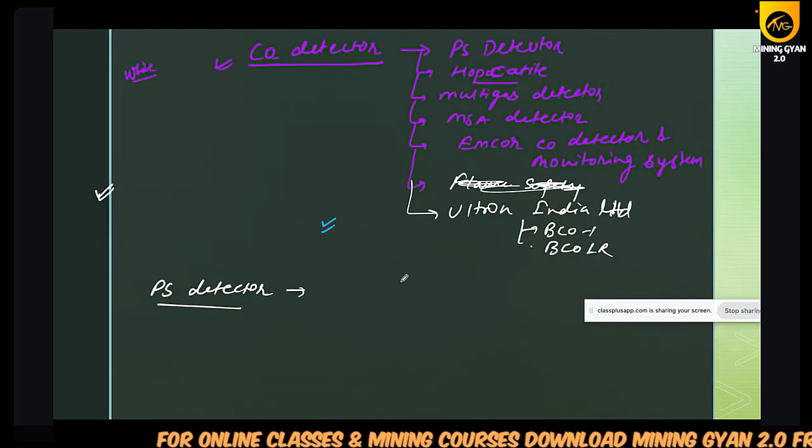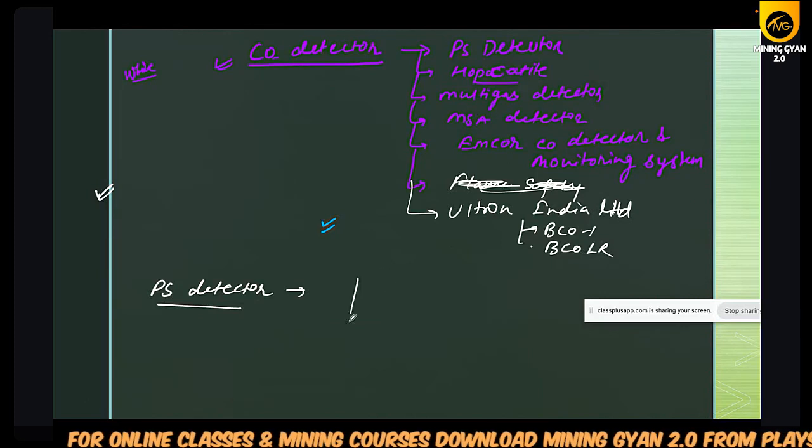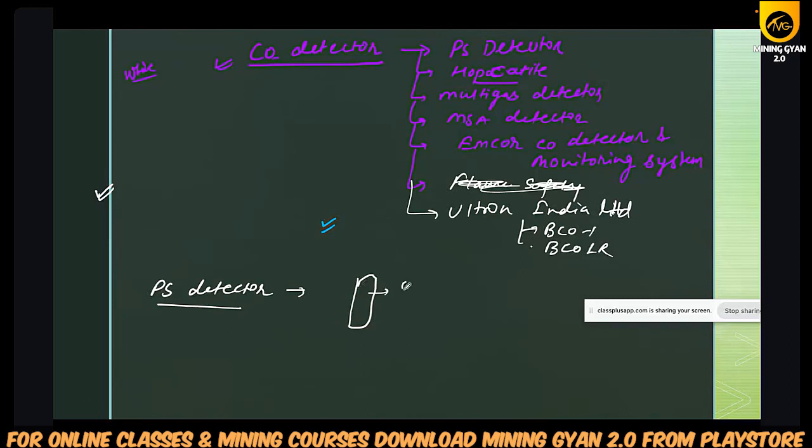The PS detector uses a glass tube in which there is silica gel, and with the light yellow potassium palladium sulfite.